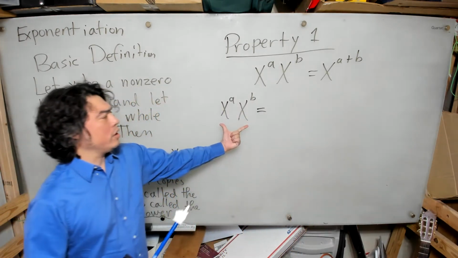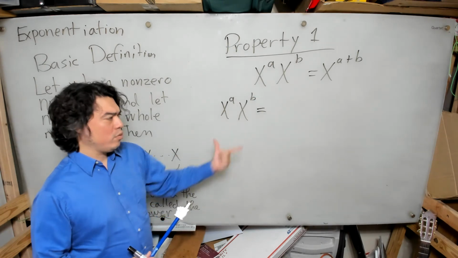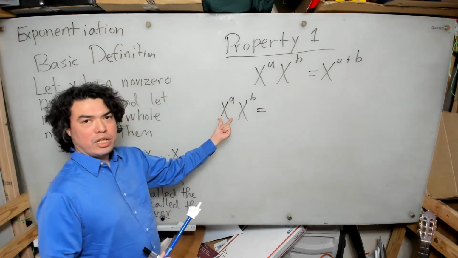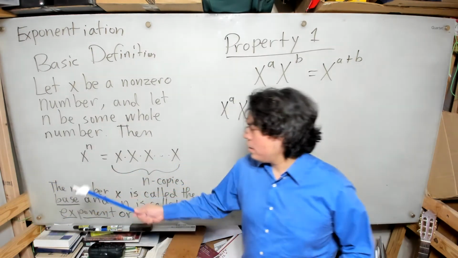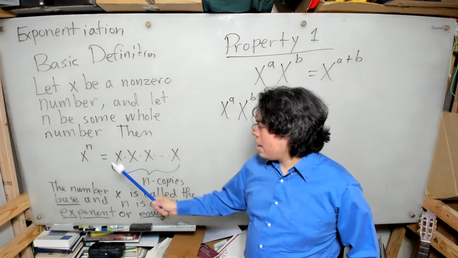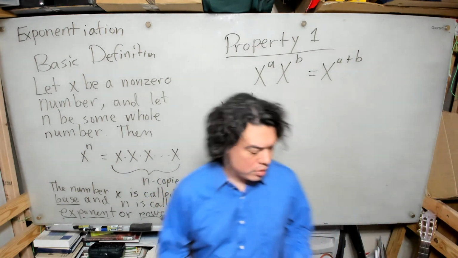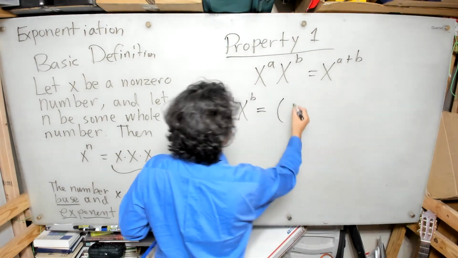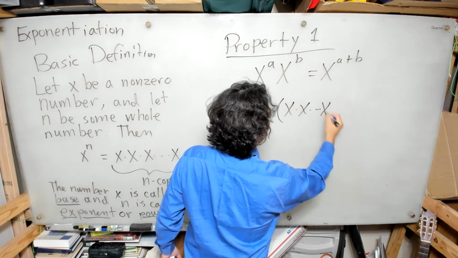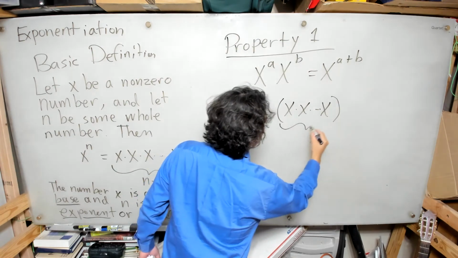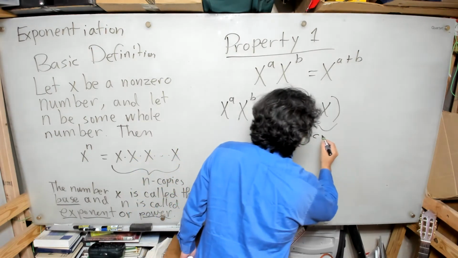So this product, x to the a times x to the b, is equal to, first, I'm going to replace the x to the a. What can I replace it with? Well, if I have x raised to the a power, I can replace it with a copies of x. So x times dot dot dot times x, where I have a copies of x being multiplied.